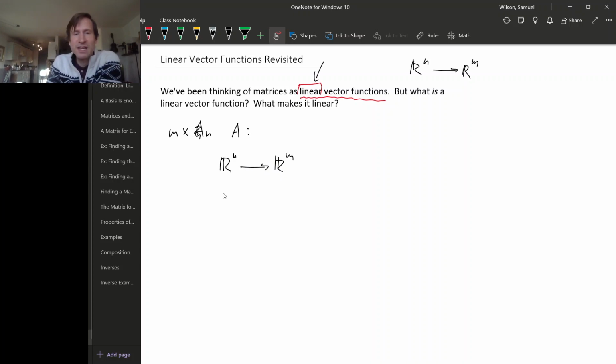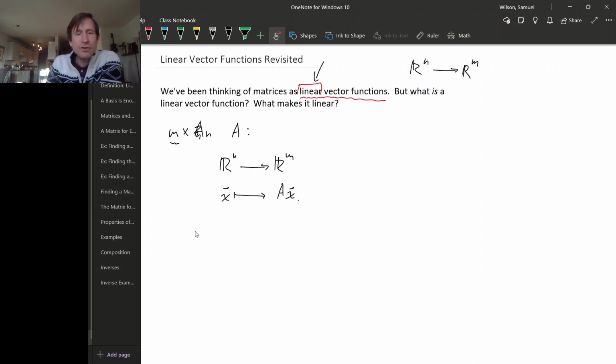If you have any vector x in Rn, the way that you get a vector in Rm is you just multiply on the left by A. Since x has n entries, this matrix product is defined, and the resulting vector has m entries, and so it's in Rm. But what is it that makes this linear?